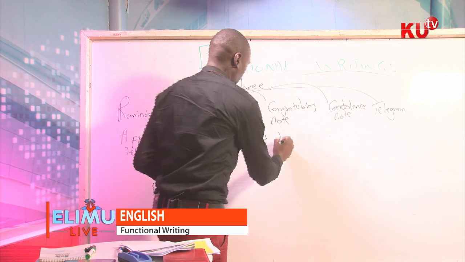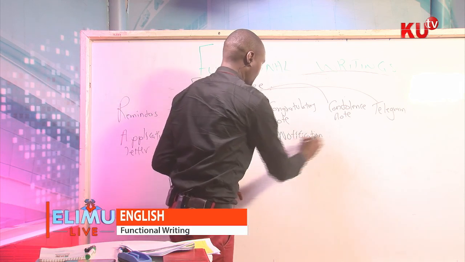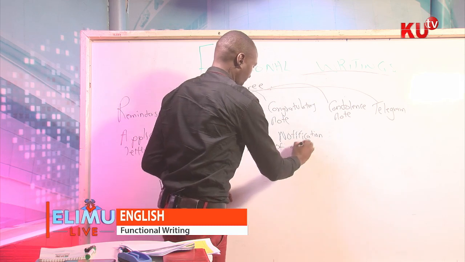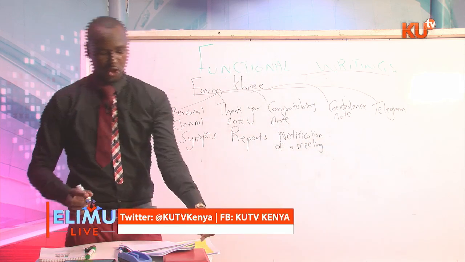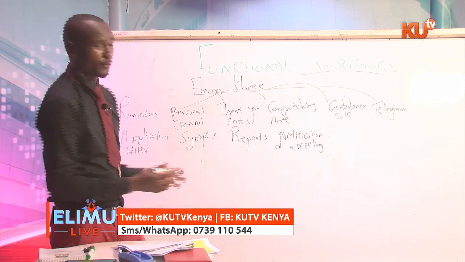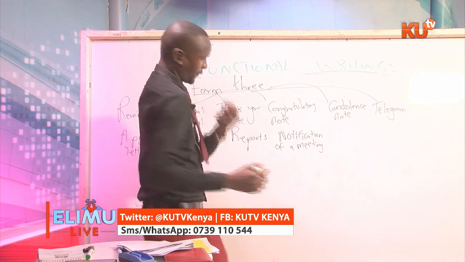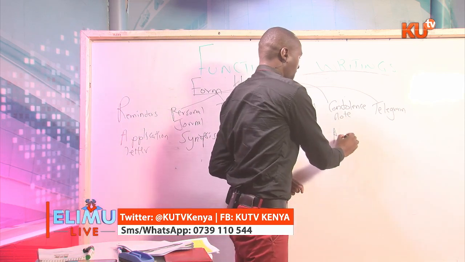Then there is the notification of a meeting. Notification of a meeting, you cover in Form 3. If you want people to meet, you give them a notice. Then we have the agenda.